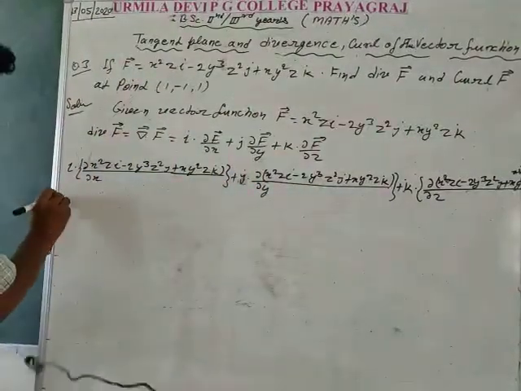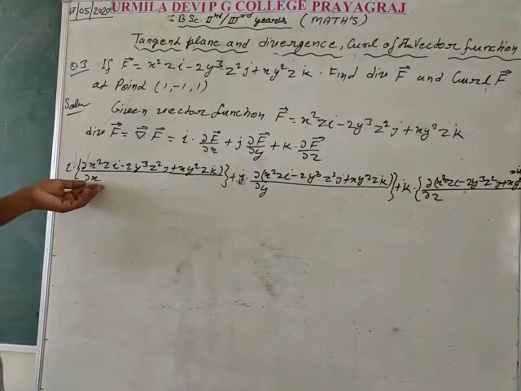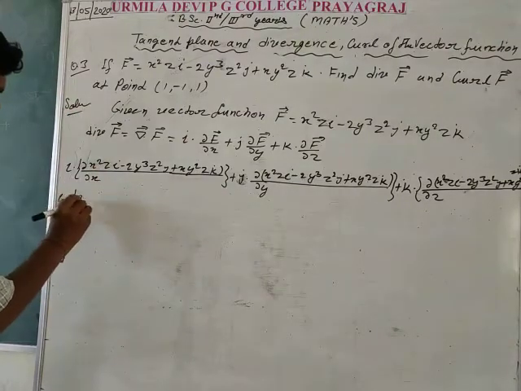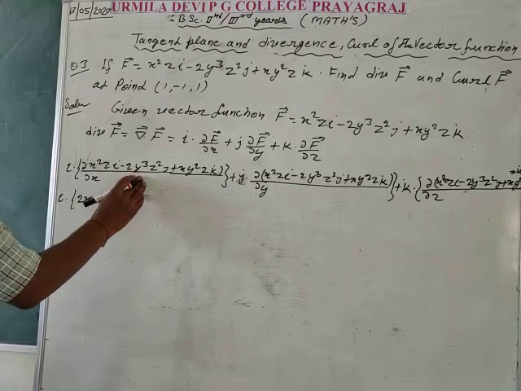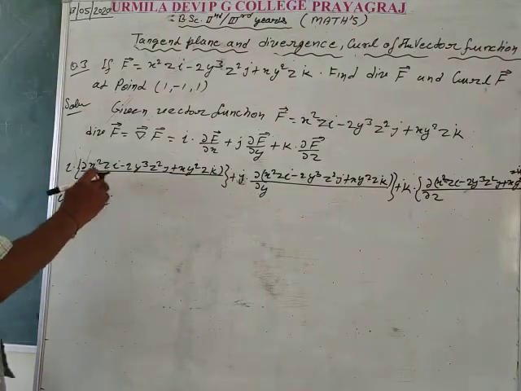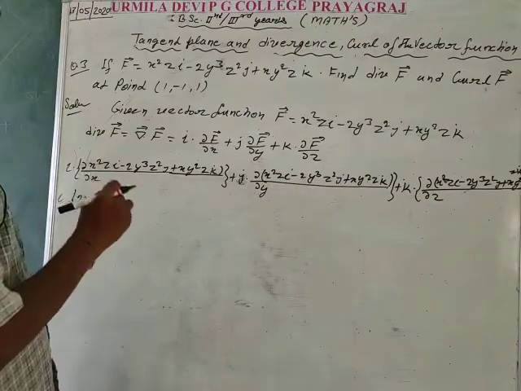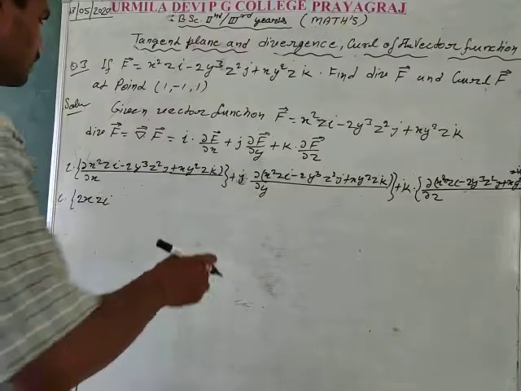Taking partial differentiation in the first part, with respect to x, y and z will be constant. So x square z i differentiates to 2xz i. In the second part, y and z are constant with respect to x, and j is already constant, so it is equal to 0.